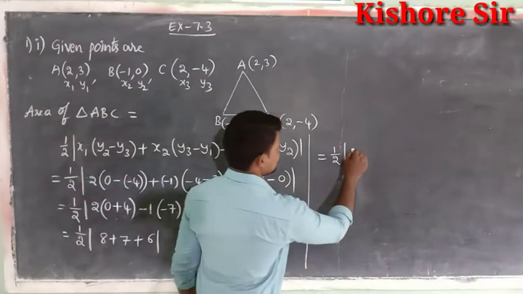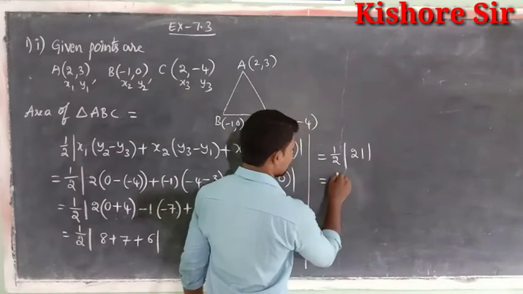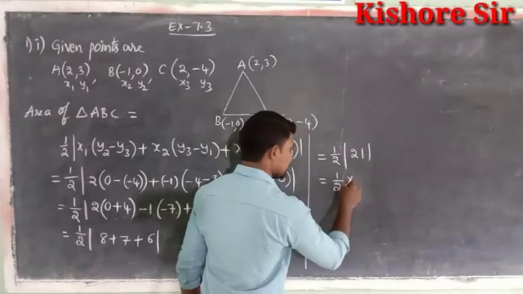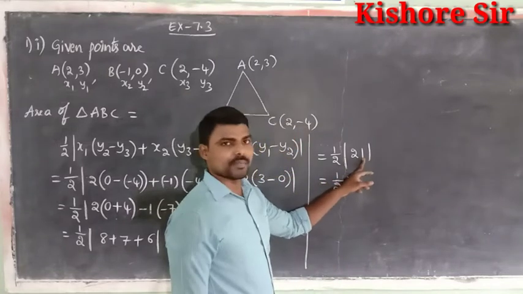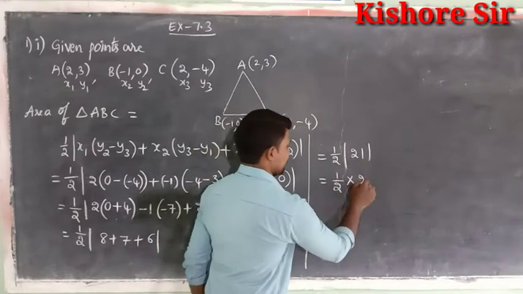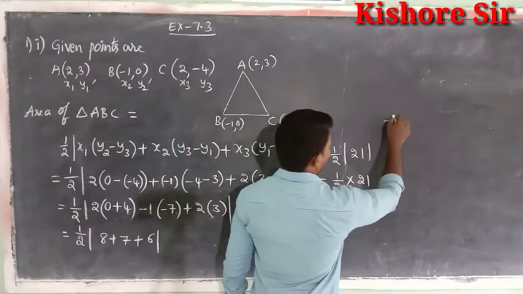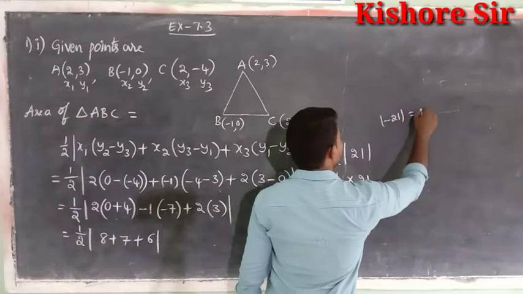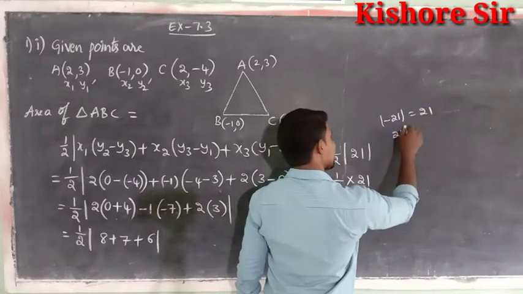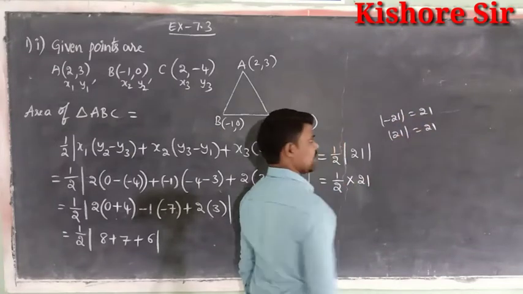So modulus 21, that is equal to 1 by 2 into modulus 21, which means plus 21. Modulus minus 21 is also plus 21. Modulus plus 21 is also 21.